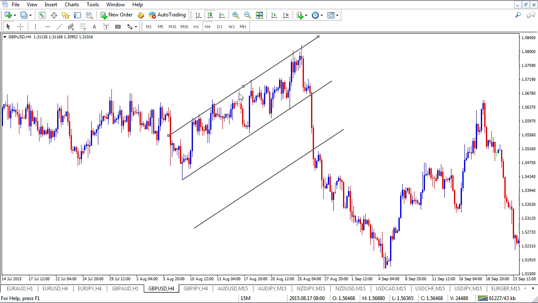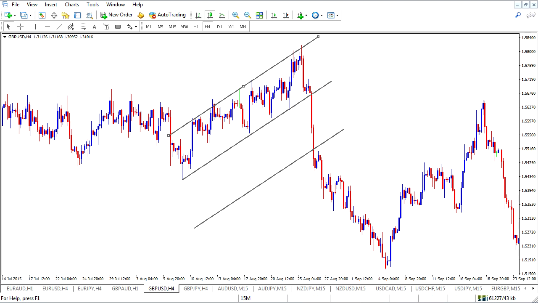So I want to include the closest movements, and then price can freely break above the channel. And then I'll be looking for trades back inside the channel once the market gets back inside. So this becomes a nice, accurate way to trade a channel if we can kind of squish it a little bit this way. So that is the channel.